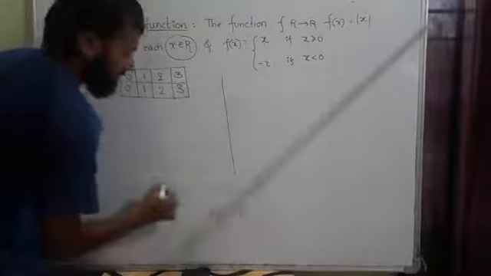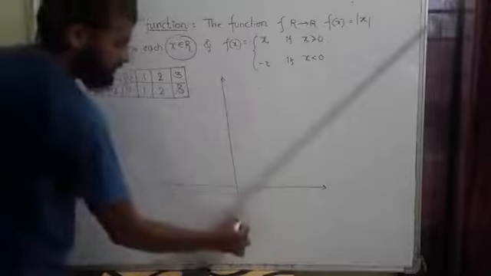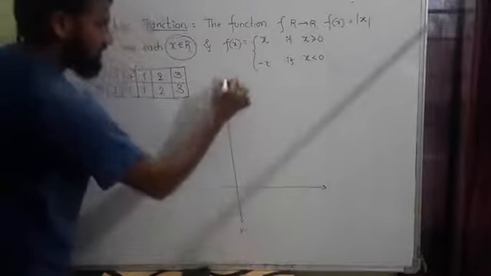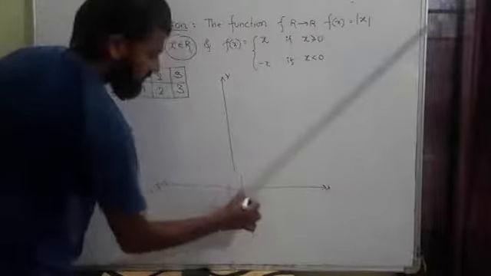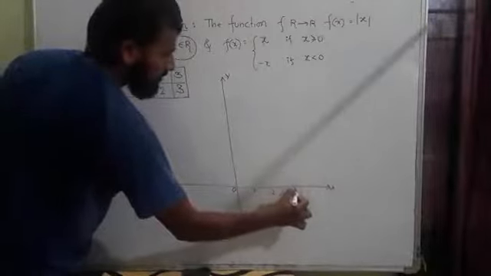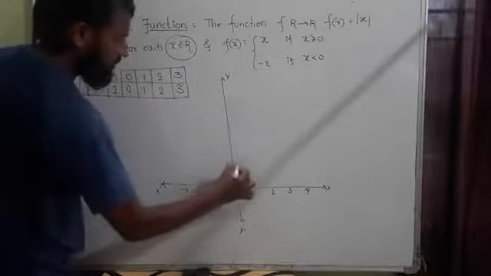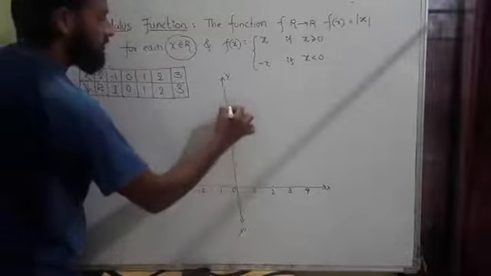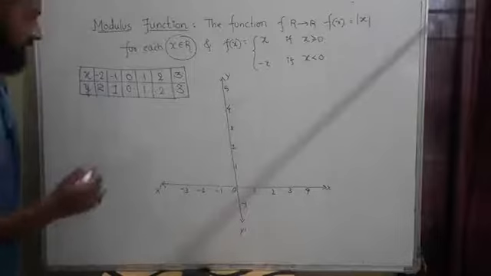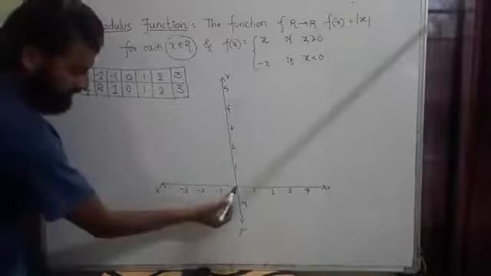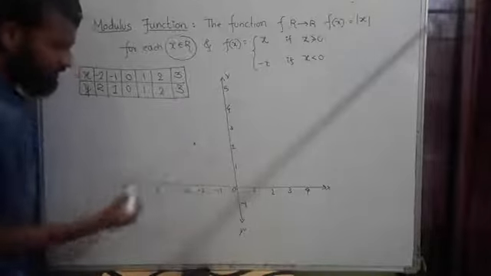Let's draw the Cartesian plane with y dash and y, x dash and x, with 0, 1, 2, 3, 4, minus 1, minus 2, minus 3 marked on the axes. Let's start from minus 2. If I take x as minus 2, y value will be plus 2, so here is my first point.